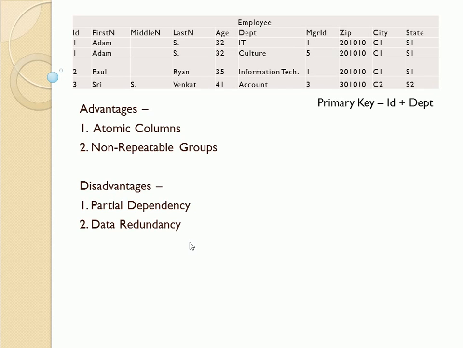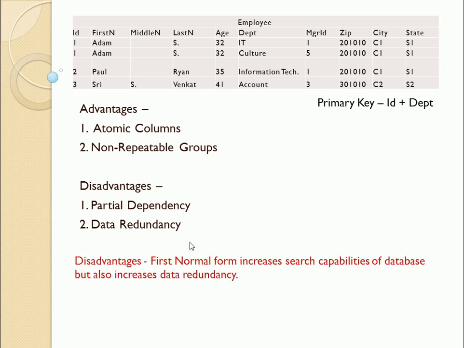If you go back and look at the example of the totally denormalized database, you can see that there was one row for employee number one, that is Adam S, and here in the first normal form database we have two rows for that employee Adam S. We have to keep two rows for increasing search capabilities, that is, to eliminate those comma separated values of department and manager.